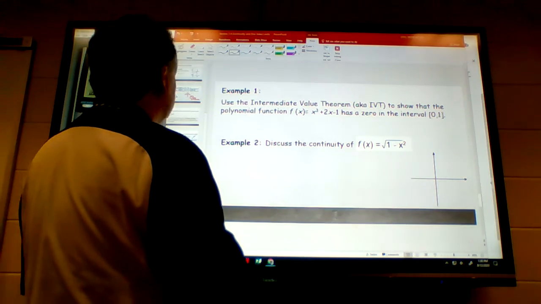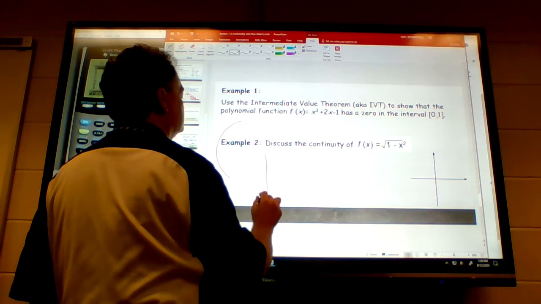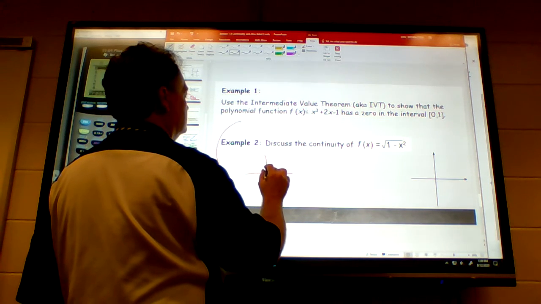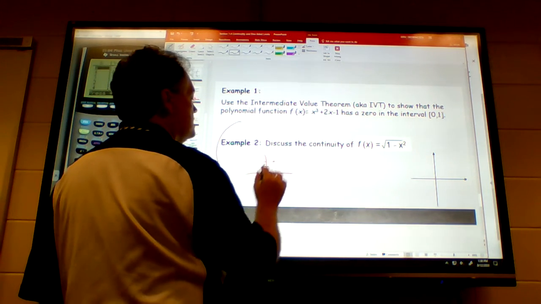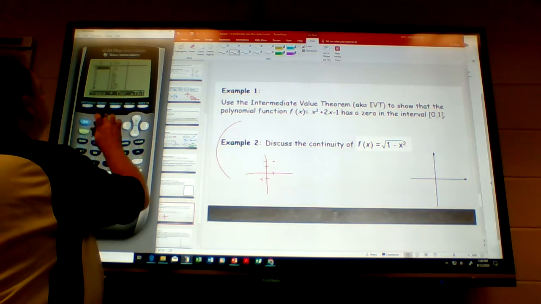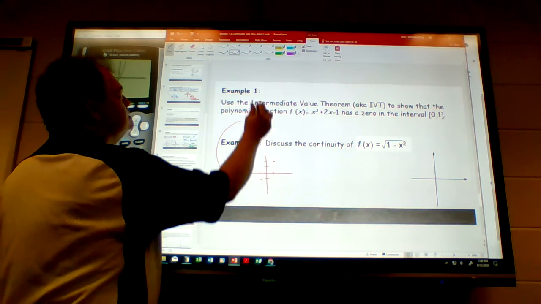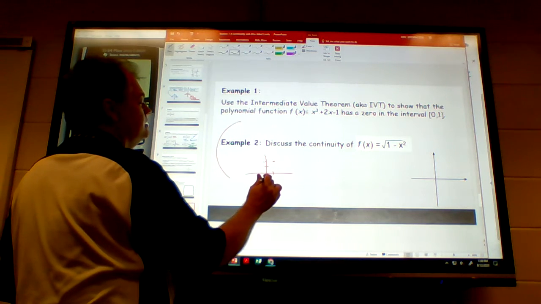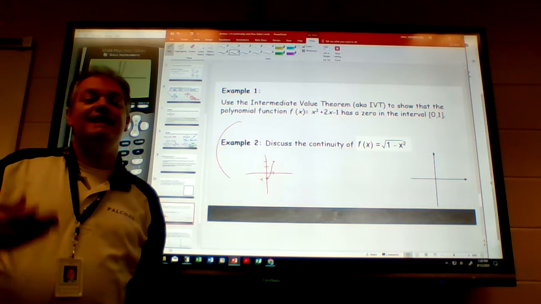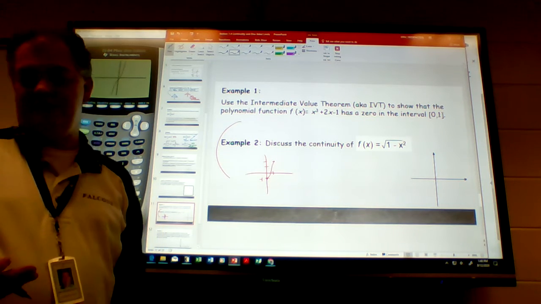At 0, the curve does this. And if you look at the graph, it goes through here, it goes through there, but at some point it crosses the x-axis, meaning that somewhere it has a 0 value.